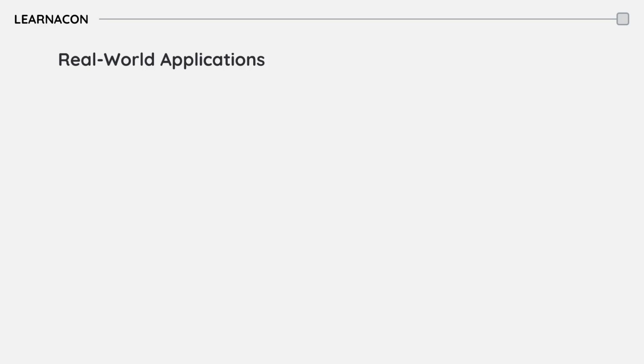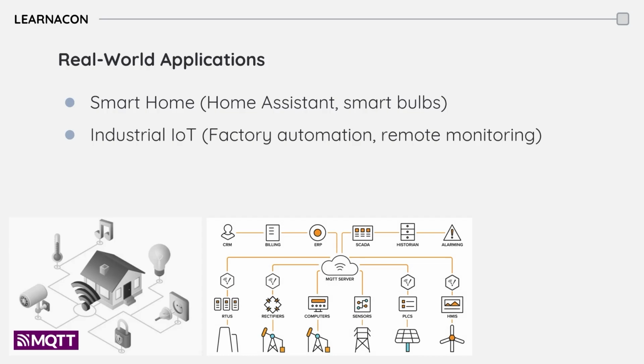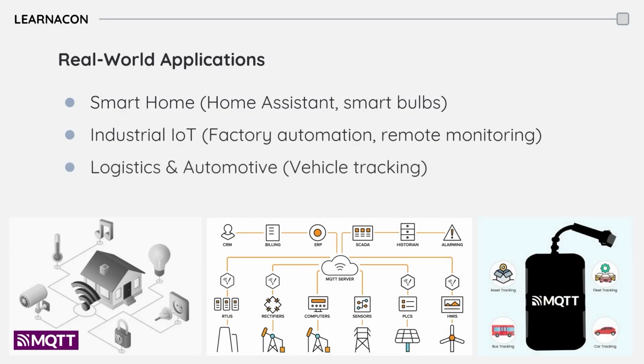MQTT is used everywhere. It powers your smart home devices, monitors machinery in smart factories, tracks delivery vehicles in real time, and was even used as the original protocol for Facebook Messenger, handling billions of messages a day. Its lightweight nature and efficient communication make it a backbone protocol for the Internet of Things.